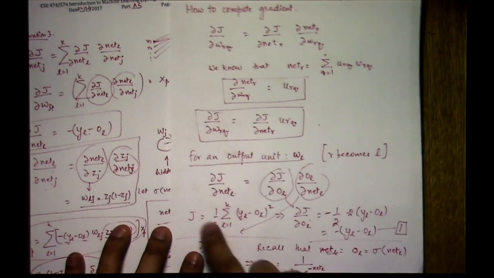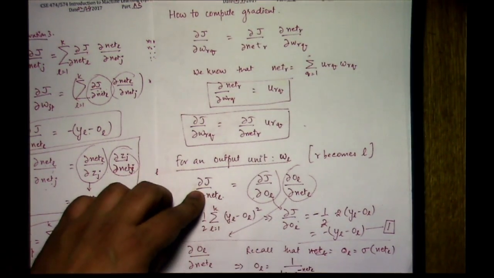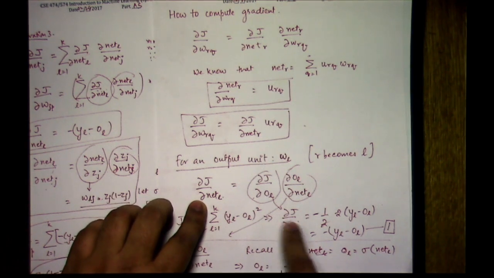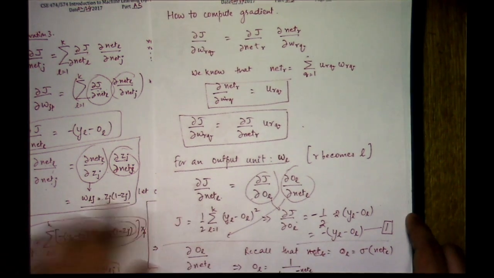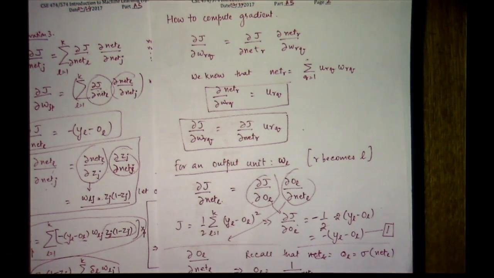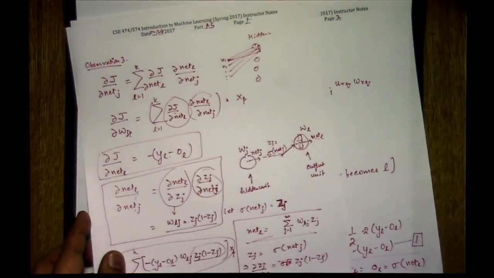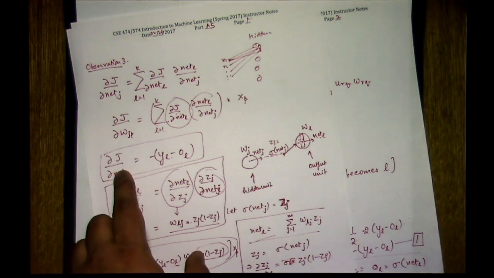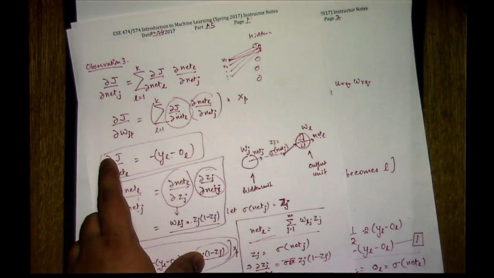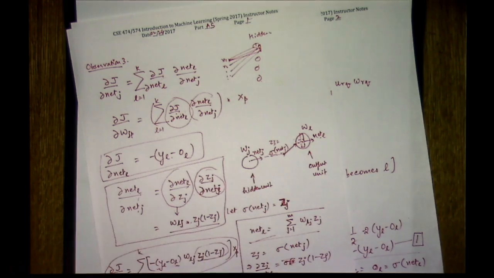So here, no. When I computed dJ over net of L, it was not this. You're right. There was one more term here. Yeah, I made a mistake there. So this should not be just this much. Right. So this is okay.